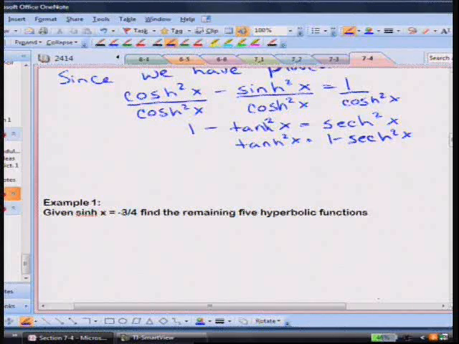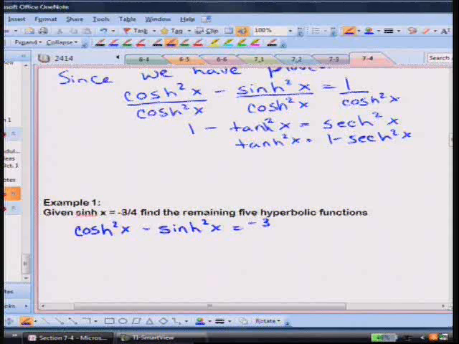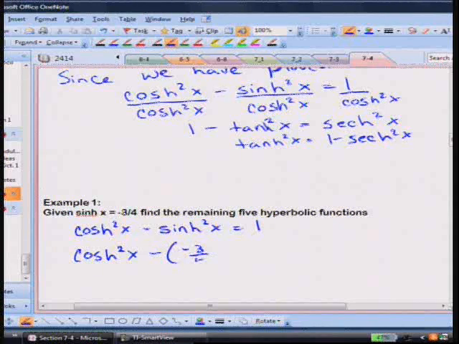So you should use your Big Daddy identity, which is that the hyperbolic cosine squared of x minus the hyperbolic sine squared of x is equal to 1. Now, we know that the hyperbolic sine is equal to -3/4. So the hyperbolic cosine squared of x minus the opposite of 3/4 squared is equal to 1, right?